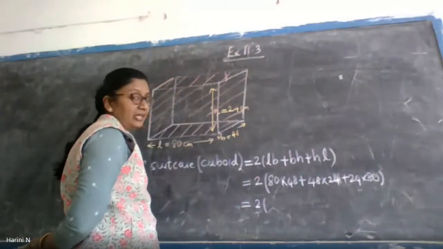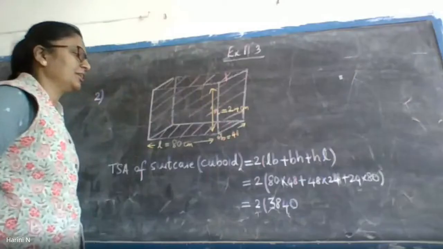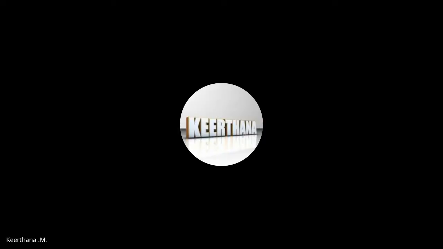Ma'am, 3,840. First one, 80 into 48. Yes, loudly. 3,840. Yes, ma'am. Next, 48 into 24.